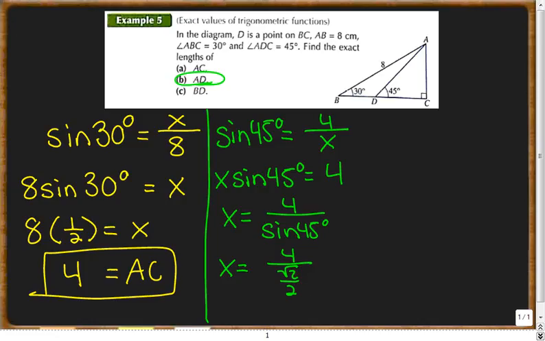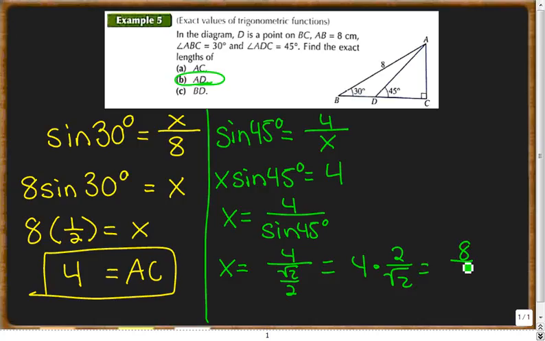If we want to simplify this a little bit more, this is the same thing as 4 times the denominator flipped upside down. Division is the reciprocal of multiplication, so if we're dividing by something, we can multiply by its reciprocal and get the same value.